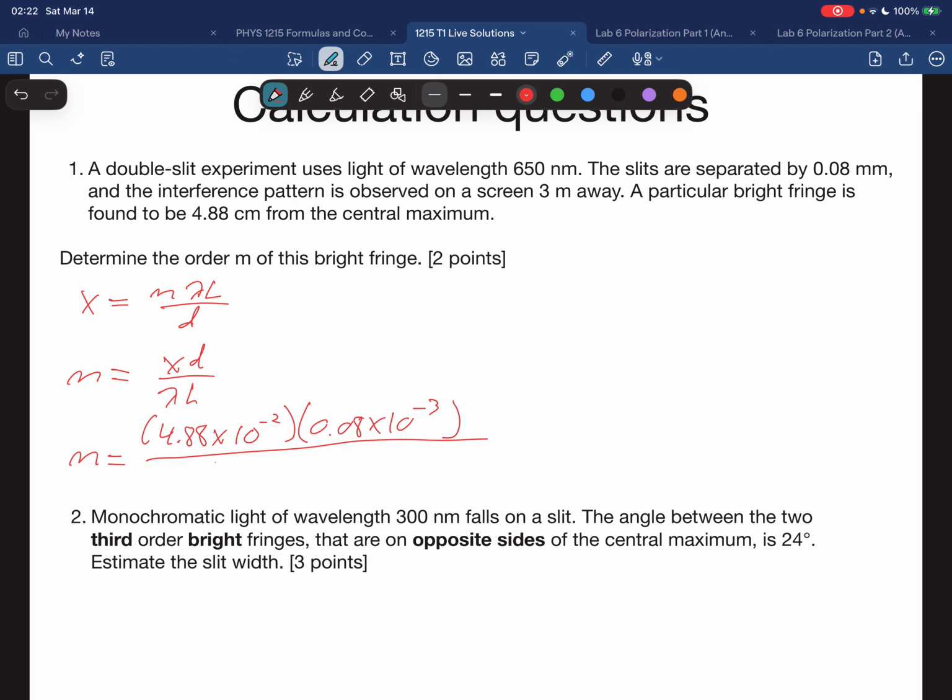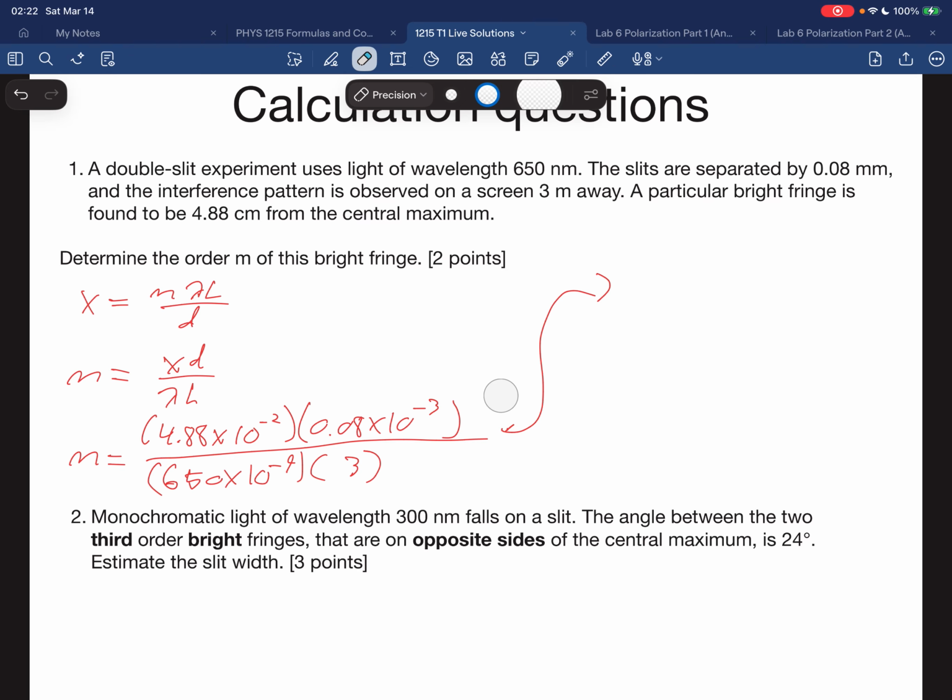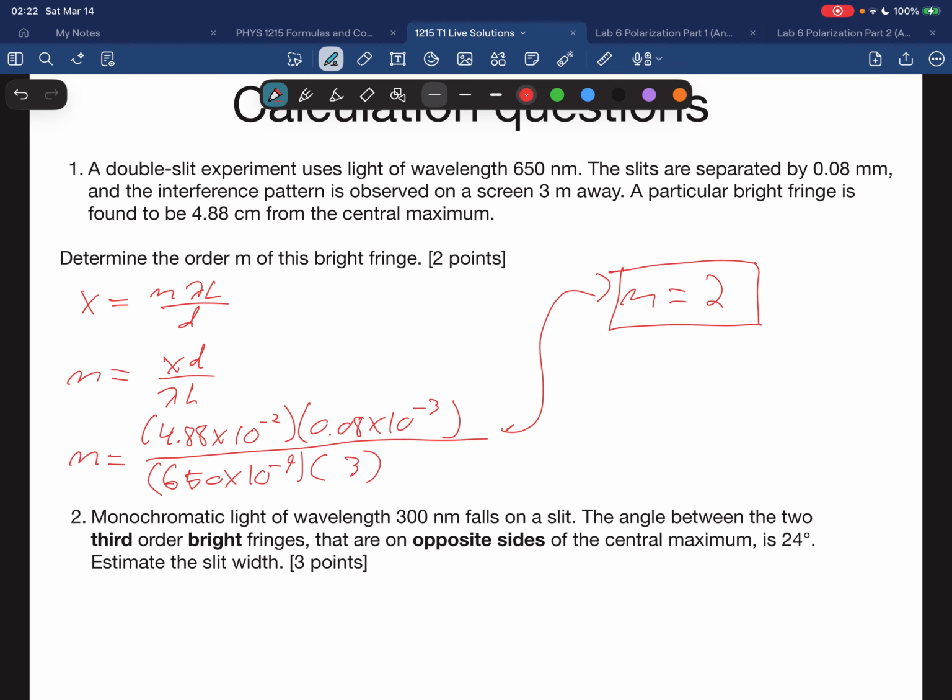No other reason than that I think it is easiest for me personally to convert this way. If you find it easiest to convert to a different unit, please do that. After plugging everything in, you should get about m equals 2.